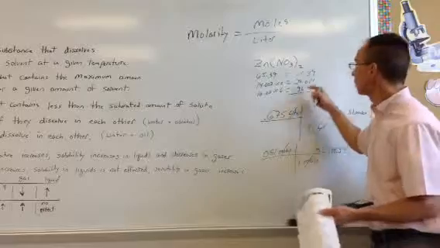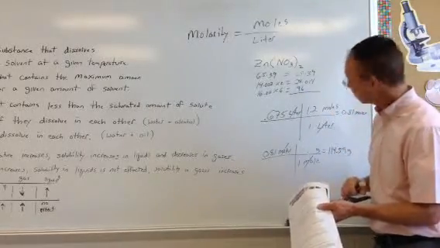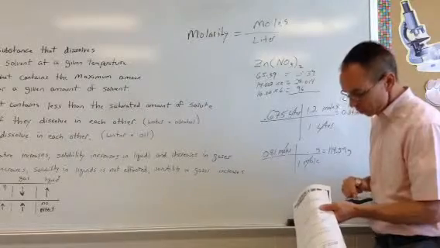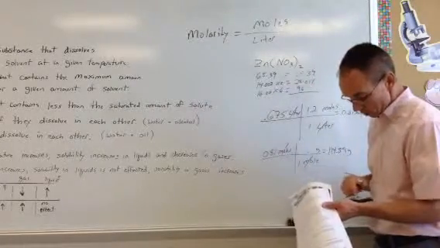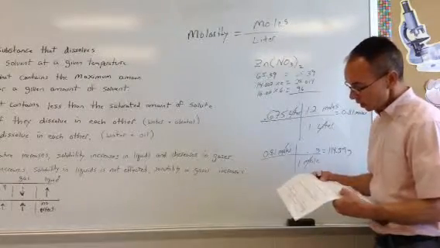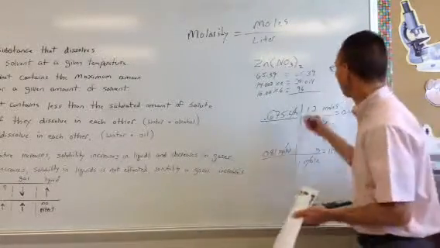Okay, so I add those all up. 96 plus 28.014 plus 65.39 for a grand total of 189.4, we'll round it to.